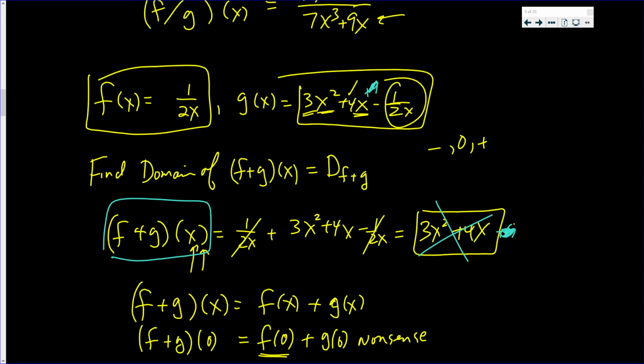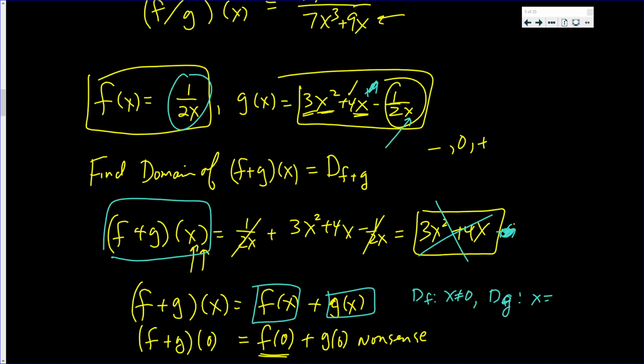You look at the domain of f of x and g of x separately. And the domain of f is x can't be 0. The domain of g is x cannot be 0.